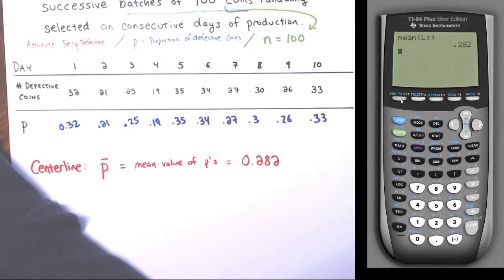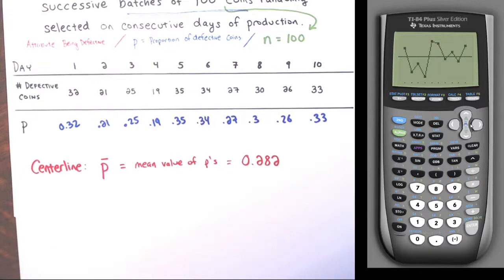Let me go to the y equals, 0.282, and look at the graph now. So there's my center line. Now there were only 10 data points, so that run of 8 isn't going to happen, right? That run of 8 rule.